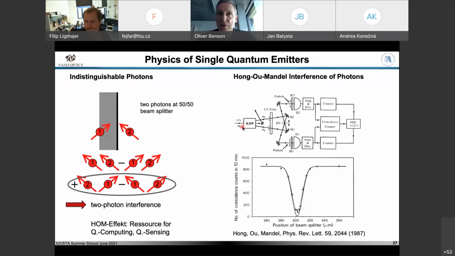One mode is going upwards, one k vector pointing upwards, and one k vector pointing to the right. This whole mode is occupied with one excitation, but you cannot say whether the photon went the upper way or the way to the right. Only if you measure, you project to one of these possible modes.